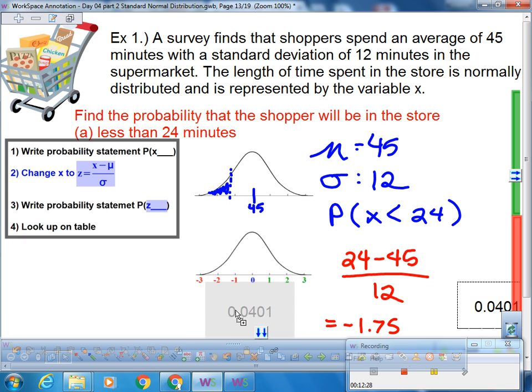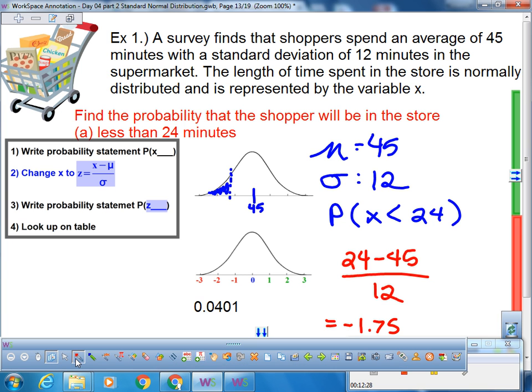So this is our answer. So the probability of having a z-score less than 1.75 is going to be equal to 4%. 4% of shoppers spend less than 24 minutes in a grocery store.